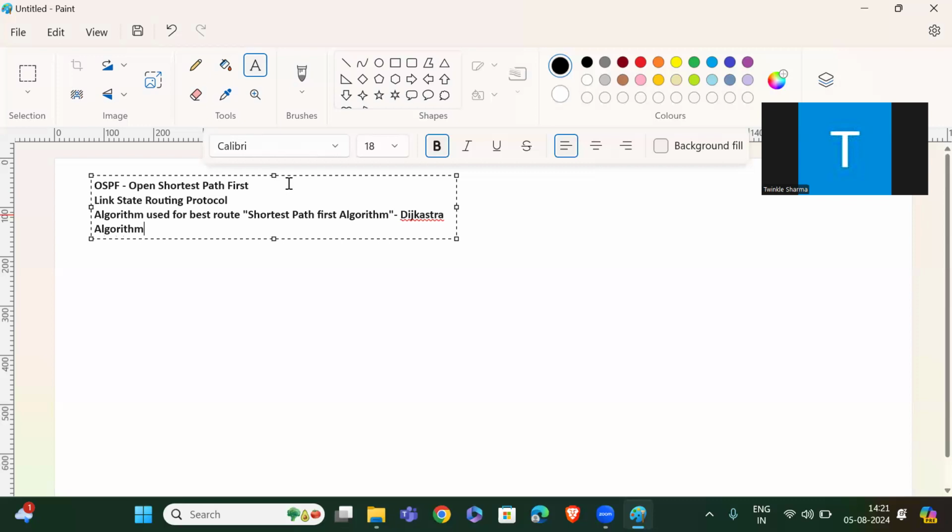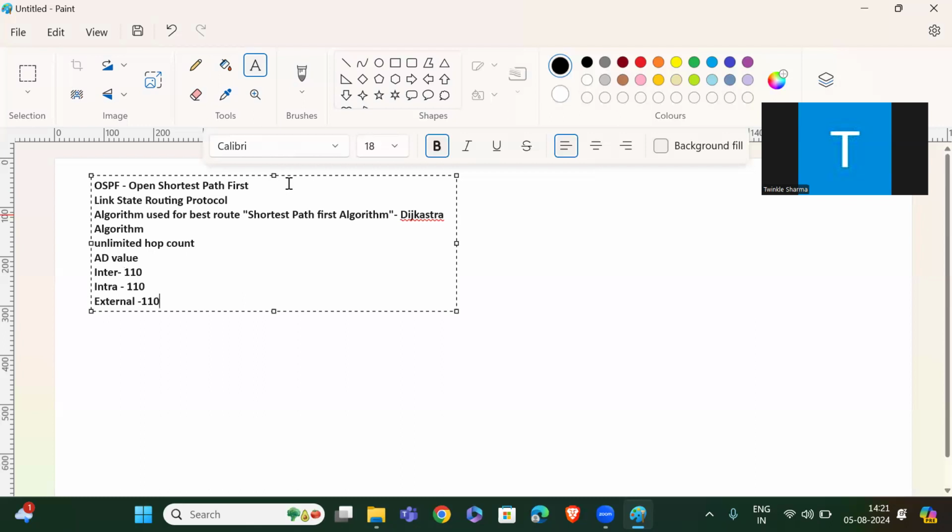Okay, then it has unlimited hop count. The AD value of OSPF is 110 for internal, 110 for intra, and for external also 110.